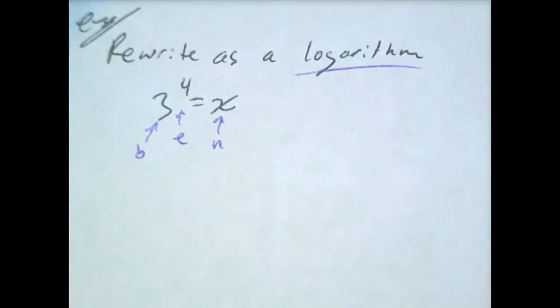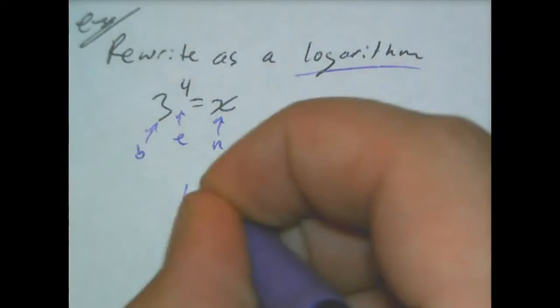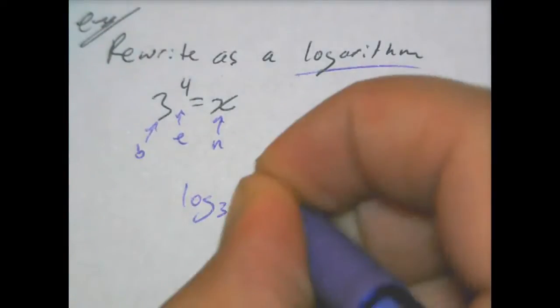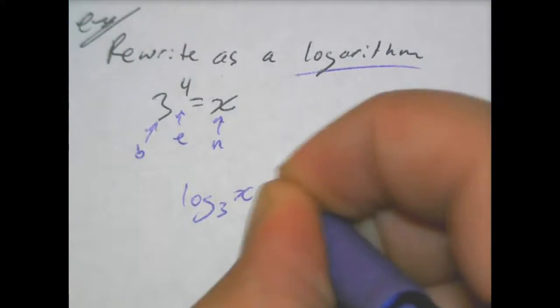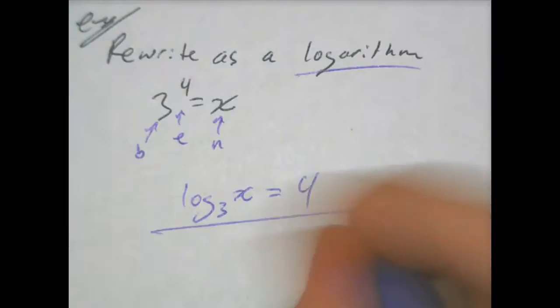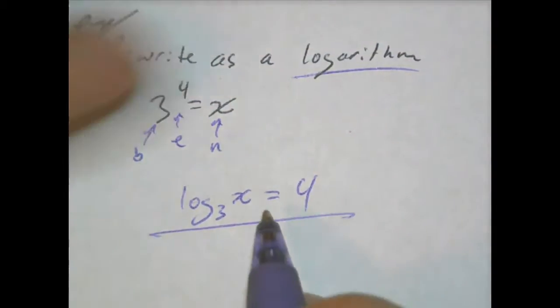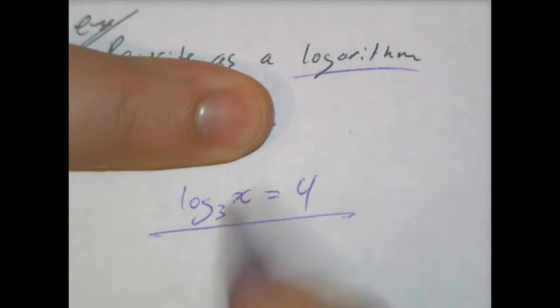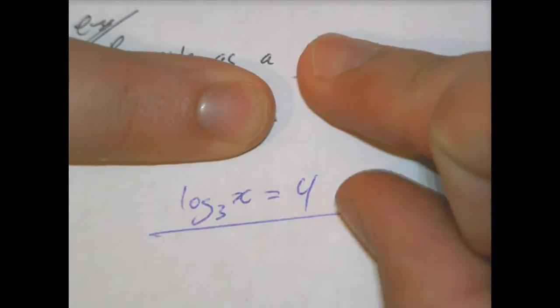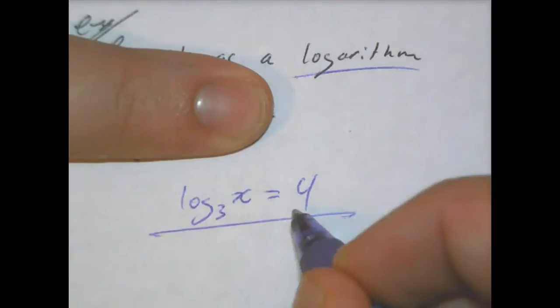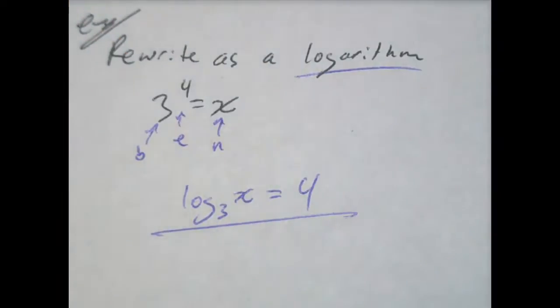So I can say log of base 3 with the number on the inside equals the exponent, which is 4. That is logarithmic form. It would be the same thing otherwise. If you were given a log and told to rewrite as exponential, you could say 3 to the 4 equals x. 3 to the 4th power.